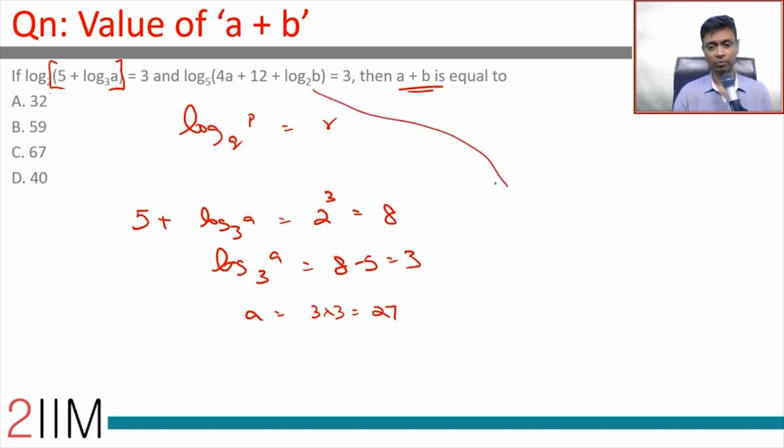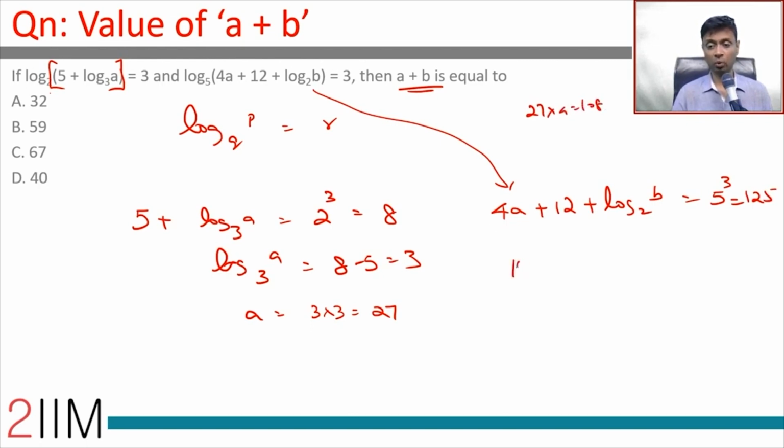Likewise, for this part, log something to the base 5 is 3, or that something 4a plus 12 plus log b to the base 2 is 5 cube, which is 125. 4a is 27 into 4. 27 into 4 is 108.